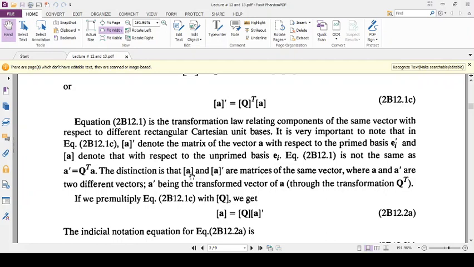Means that this is the matrix of vector a with respect to basis ei, and this is the matrix of same vector a with respect to basis ei dash. But these two are different things, where a and a dash are two different vectors, a dash being the transformed vector of a through any transformation matrix.